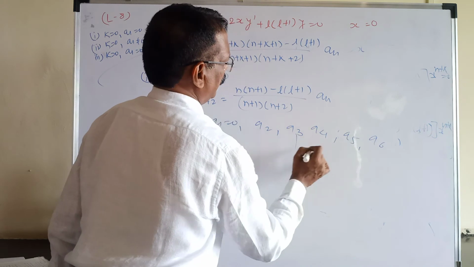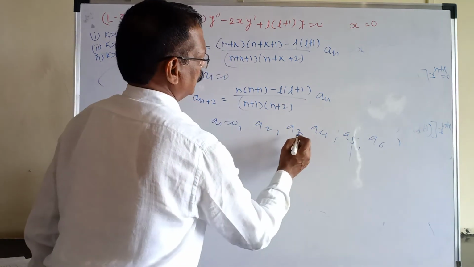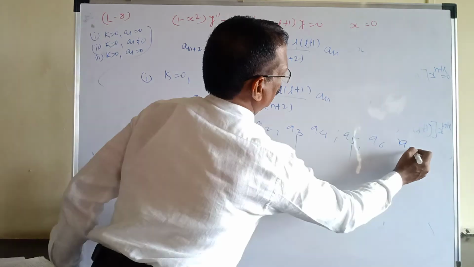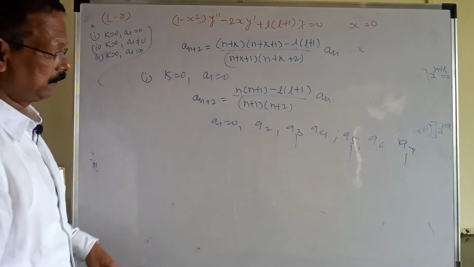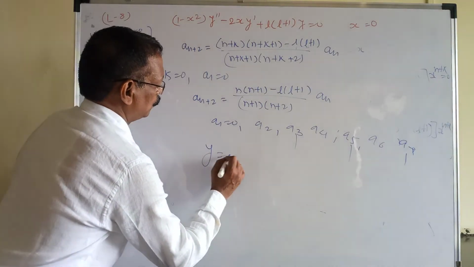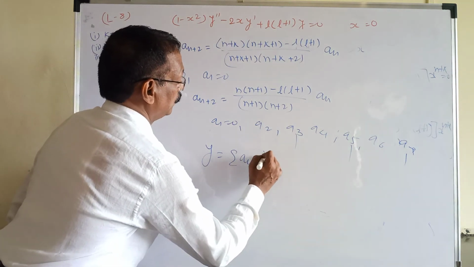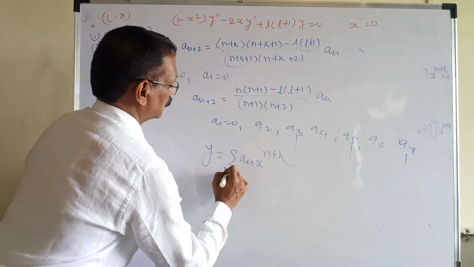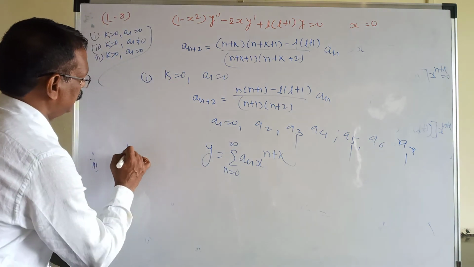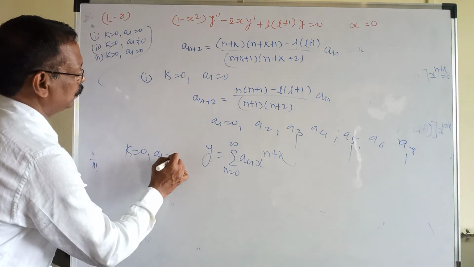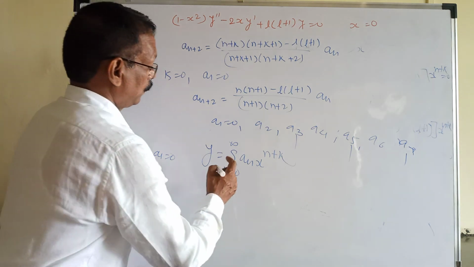We found that a5, a3, a7 are 0, so these terms are 0. Then what is the solution? Solution is y is equal to summation of an x raised to n plus k, where n goes from 0 to infinity. Now what is our condition here? K is equal to 0 and a1 is equal to 0. This is the condition.